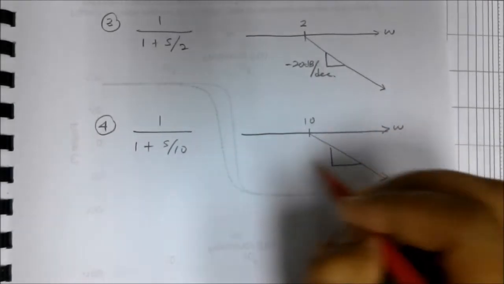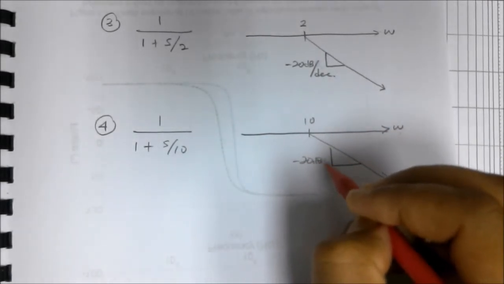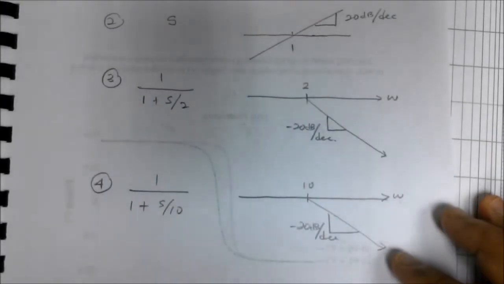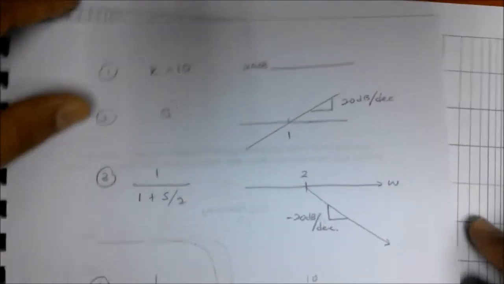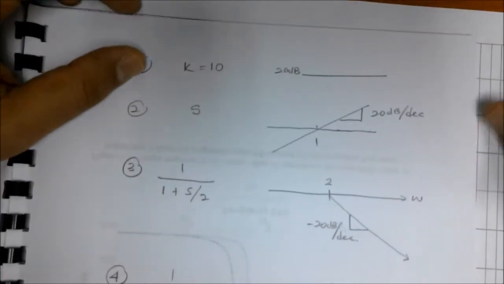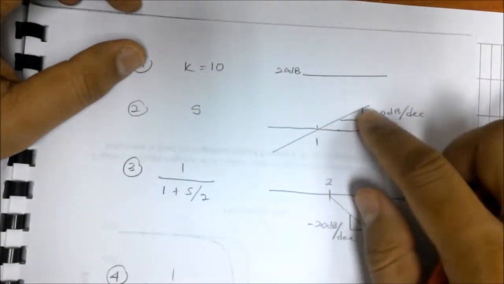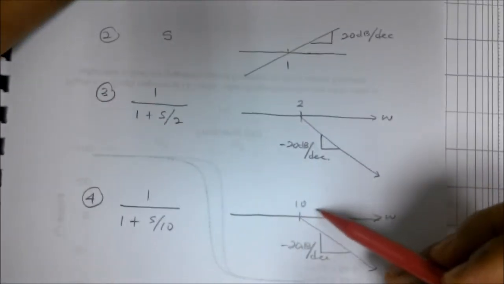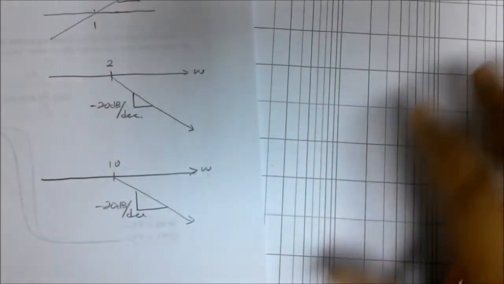So again, negative 20 dB per decade. So we have to draw all this on the semi-log paper. We know that there's a straight line crossing at 1, crossing at 2, crossing at 10. So we get the range that we need to draw for the semi-log.